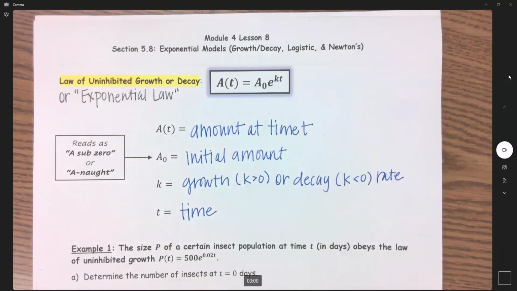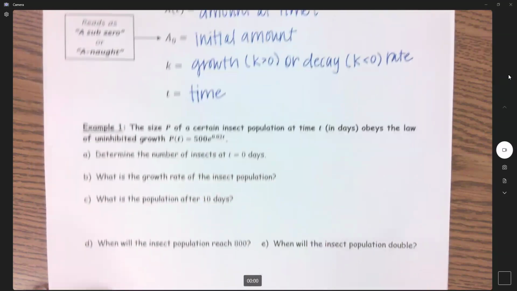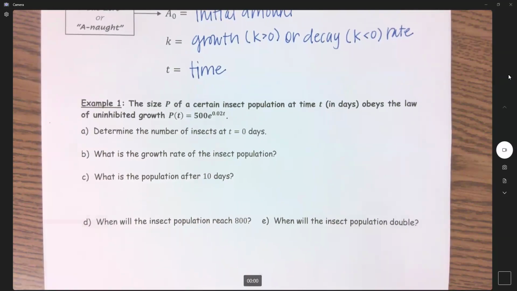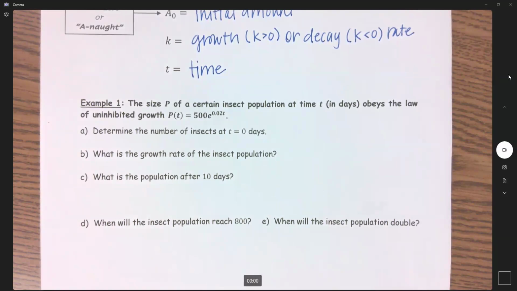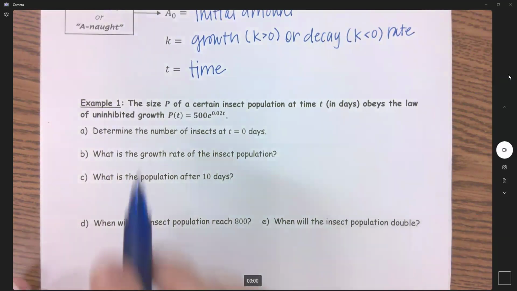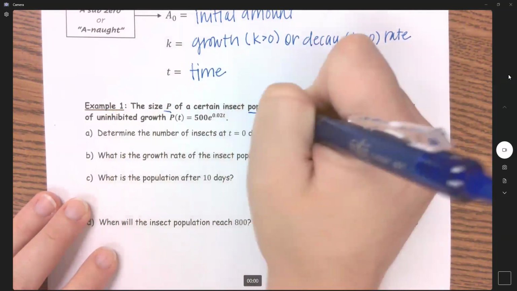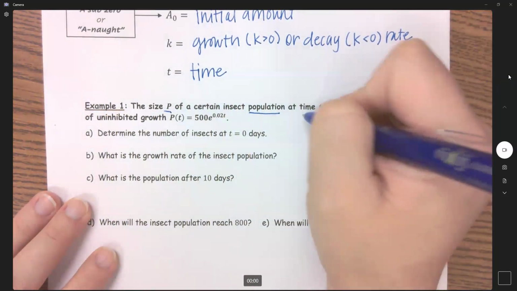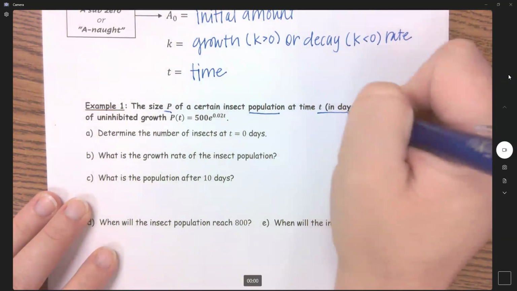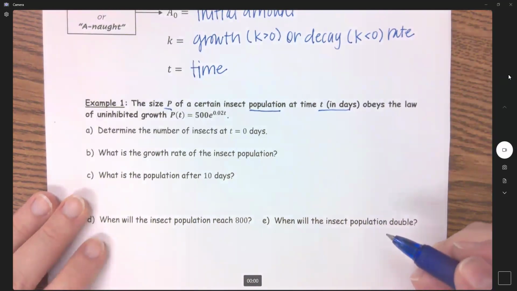Example 1 says the size P of a certain insect population at time t in days obeys the law of uninhibited growth. P of t equals 500 e to the 0.02 t. So P is our population, and our time t is in days.